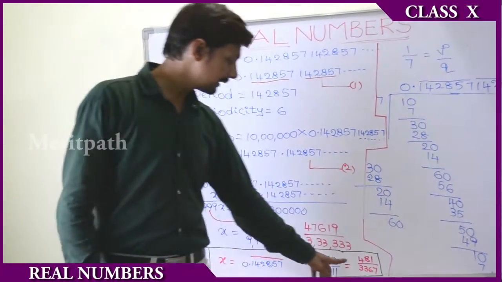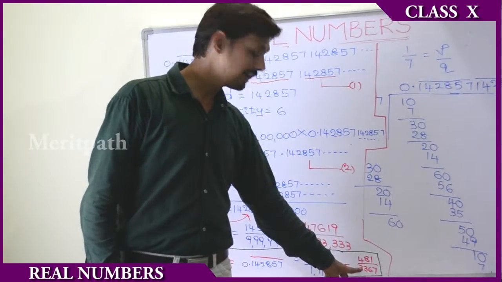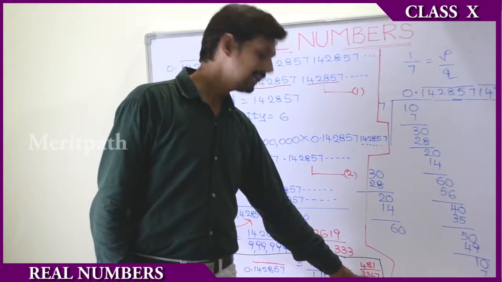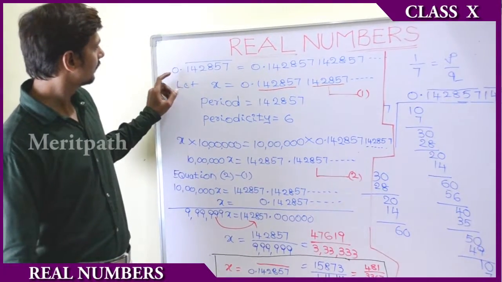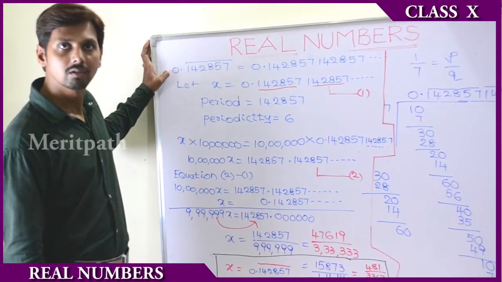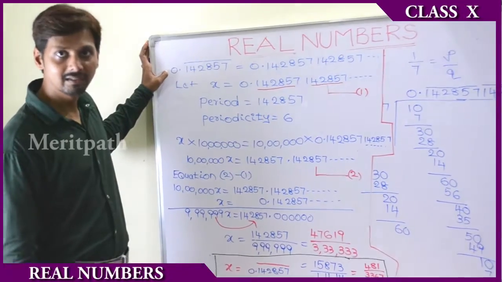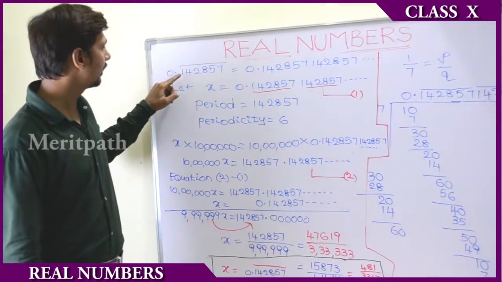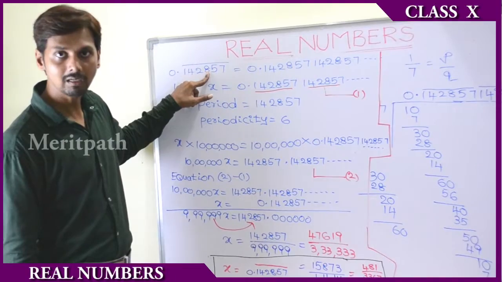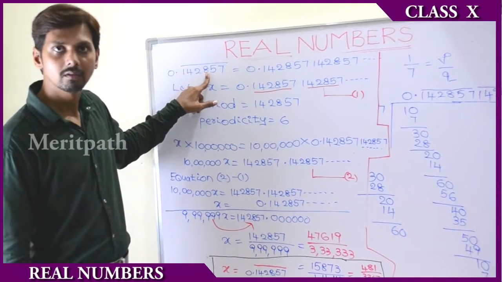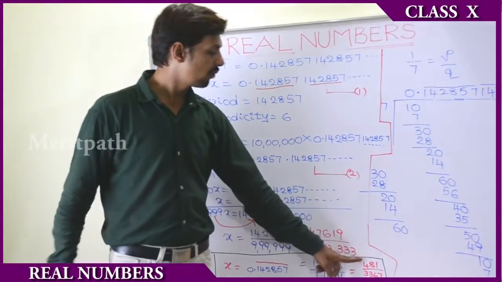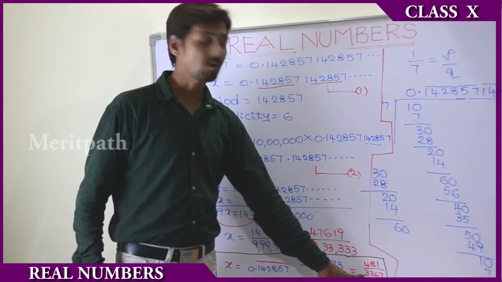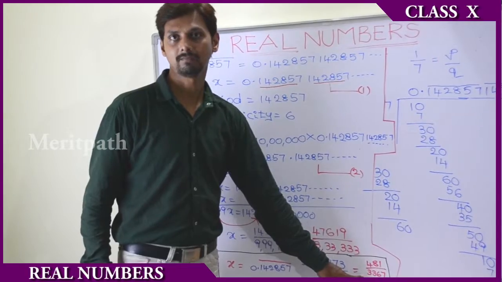After simplification of it, 481 by 3,367. So the value of the non-terminating recurring decimal 0.142857 bar is represented in the P by Q form, that is 481 by 3,367. Thank you.